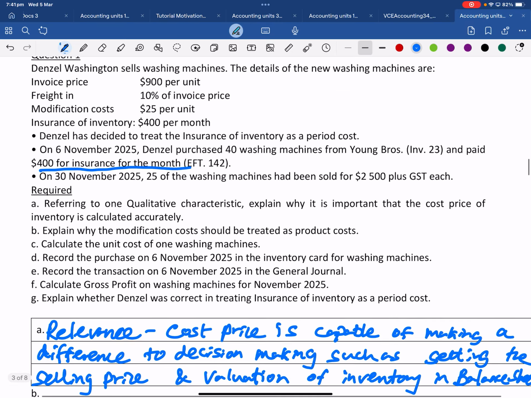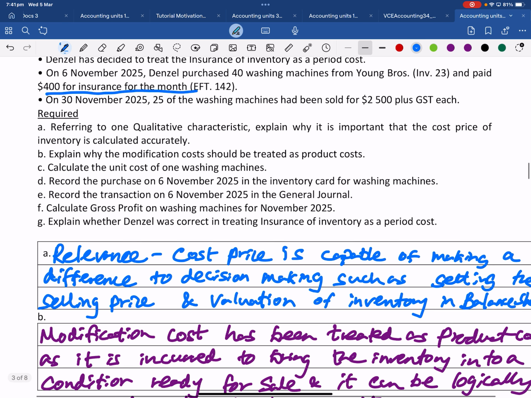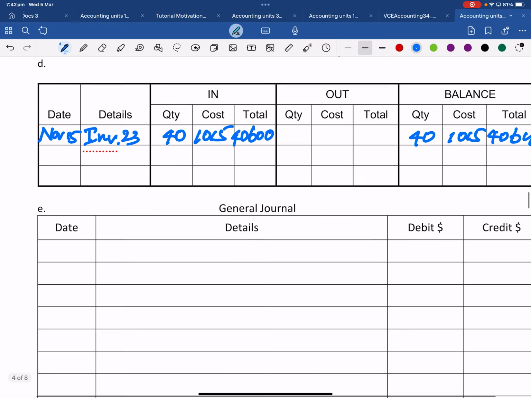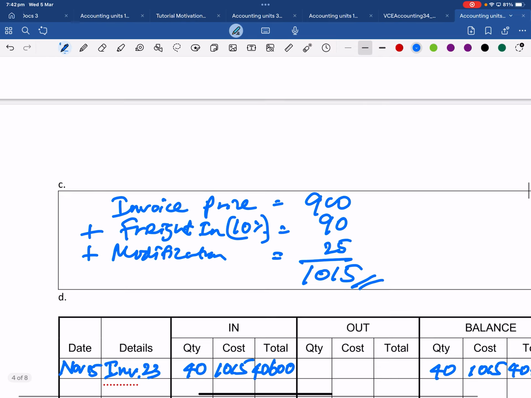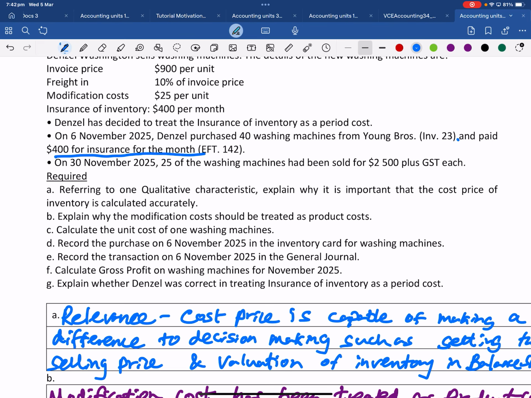Good. Right. Then part E. Record the transaction on the 6th, November, number 25 in the general journal. How do we write it, guys? Tell me the double entries for this. First of all, for invoice 23. Tell me the double entry for invoice 23.